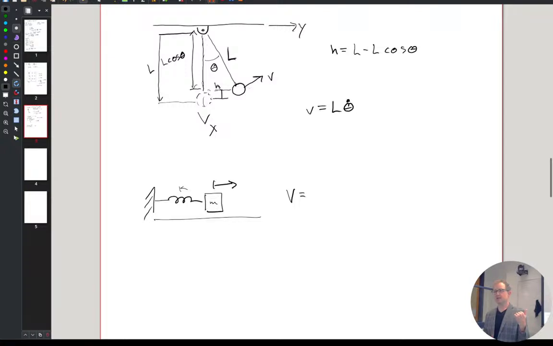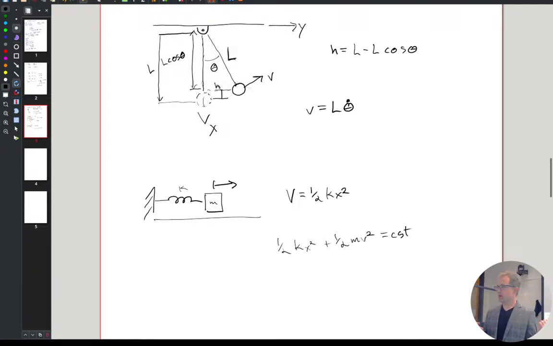Do you remember this one? We haven't really covered it, but it's 1/2 kx squared, so it's like a parabola. So for conservation of energy for a linear spring, we have 1/2 kx squared plus 1/2 mv squared equals constant.